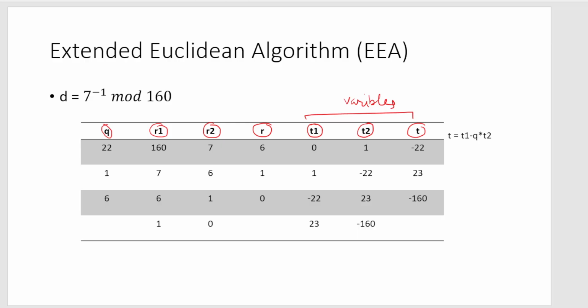R1 is the domain value n, this is 160, and then R2 is the number whose inverse you want to find. The inverse of the number that you need to find is R2.